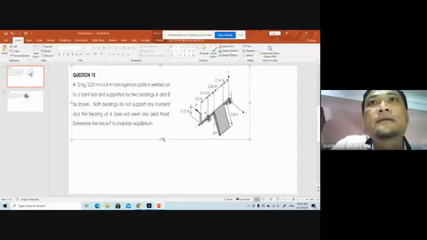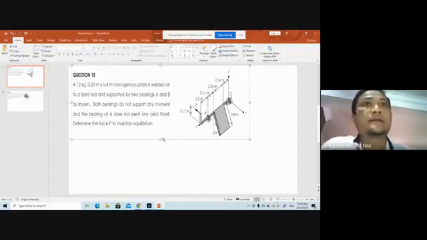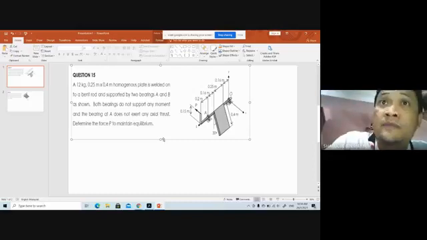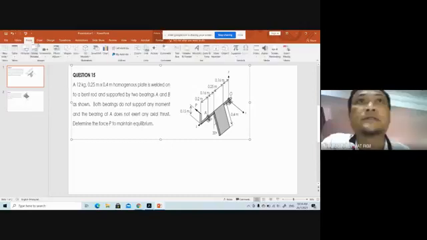It says 12 kilogram, 0.24 multiplied by 0.4, a homogeneous plate welded on the bent rod. When it says bent rod and welded, there is no force there. Let me take my T first.